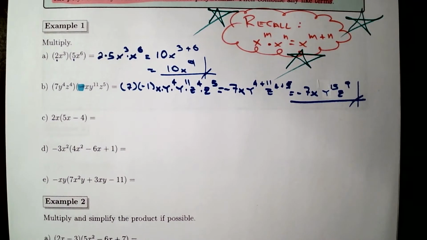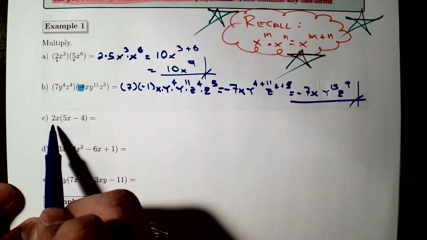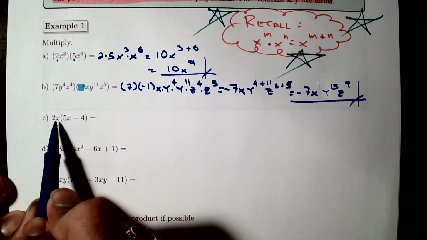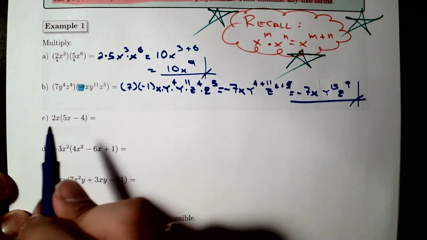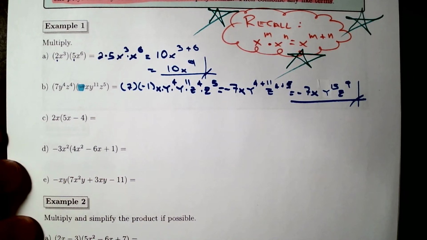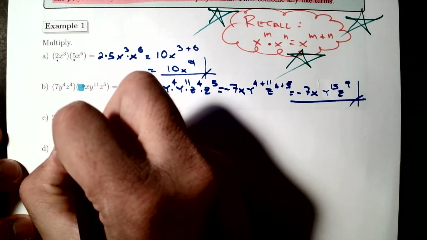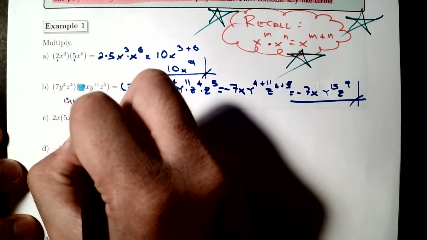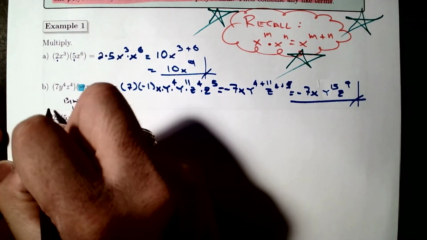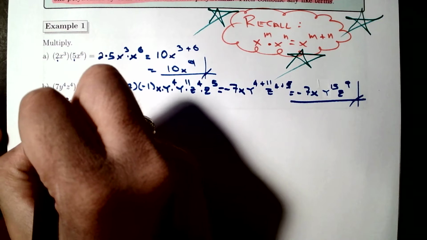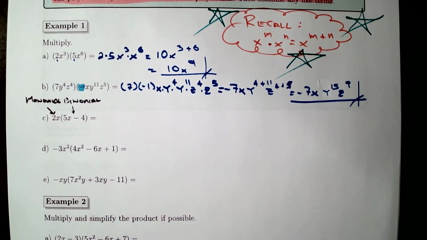Let's look at the next example. In this case, we're going to use the distributive property. Notice we're multiplying 2x times 5x minus 4. If you want to recall the vocabulary here, this one is a binomial because it has two terms, and this one is simply a monomial because it has only one term.